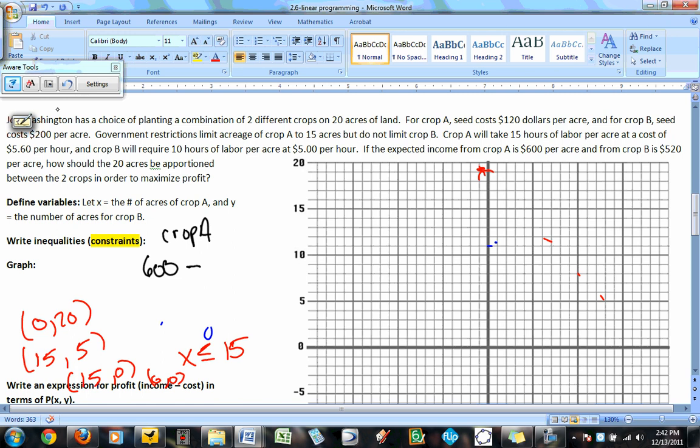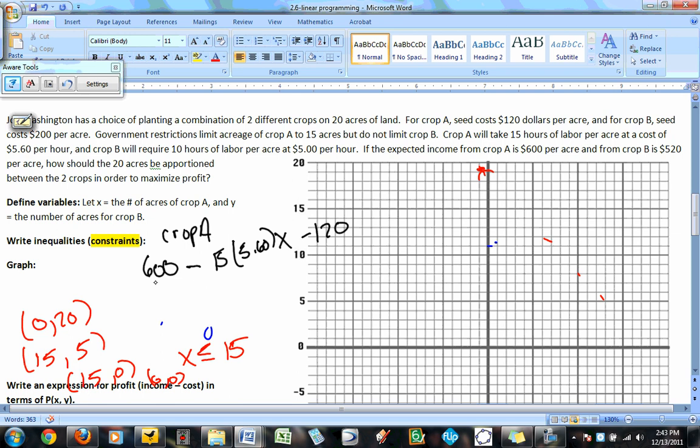So we're going to have to write our equation. That's going to be 15 hours times $5.60 for every acre that we have. And then it also says that seed costs $120, so we have to subtract our seed costs as well, so minus $120.